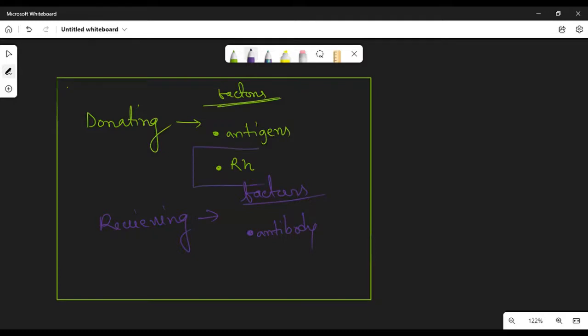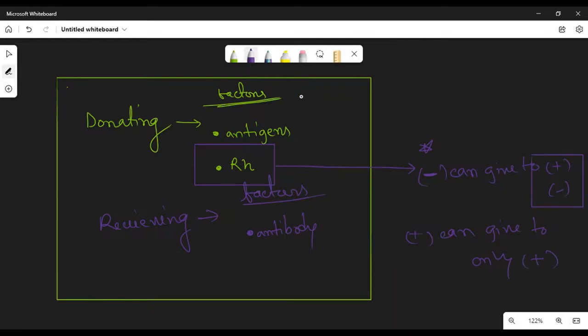And an important note about the Rh factor here is that negative can give to positive and negative, and positive can give only to positive.